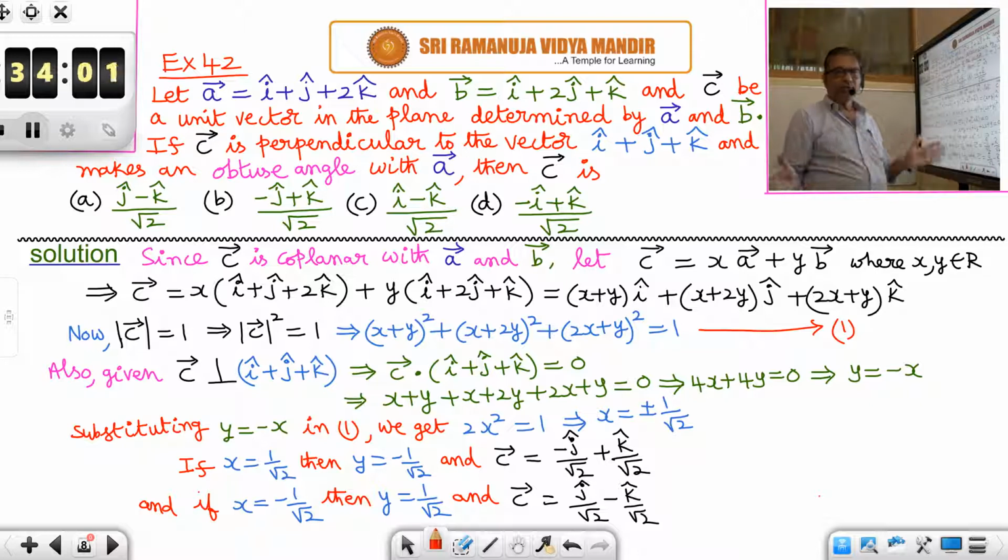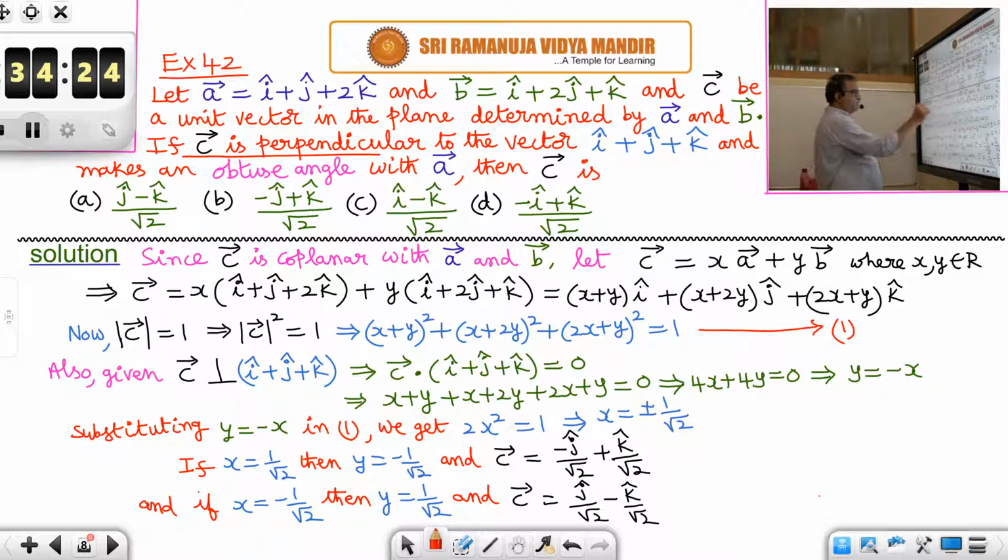Two non-collinear vectors will decide a unique plane. C bar is in that plane. Now, C bar is perpendicular to the vector i plus j plus k and makes an obtuse angle with A bar, then C bar is equal to.